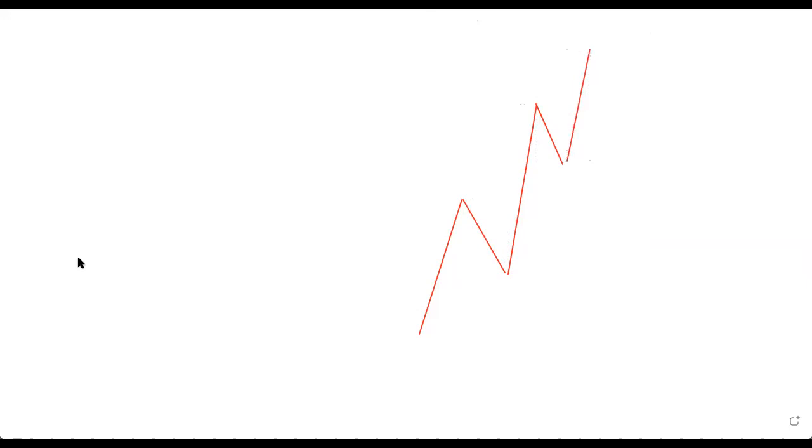Let me actually text here so that we can see. This is the high. This is the low. This is the high. This is a low here. Then we set a new high.